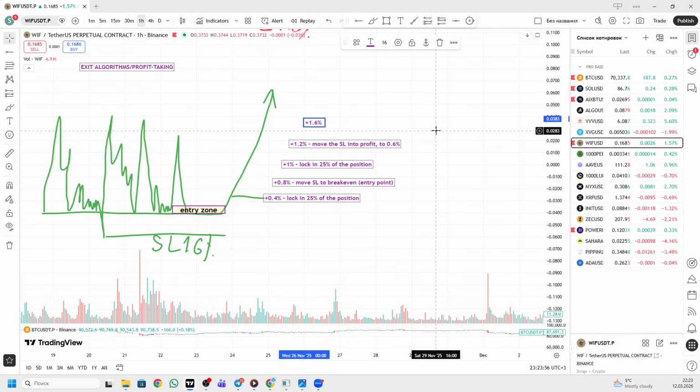Okay, let's write it like this. For the base level, you can close the whole position.